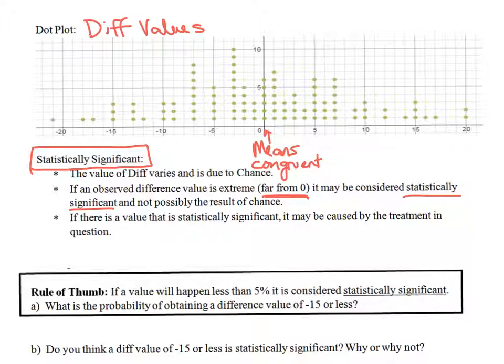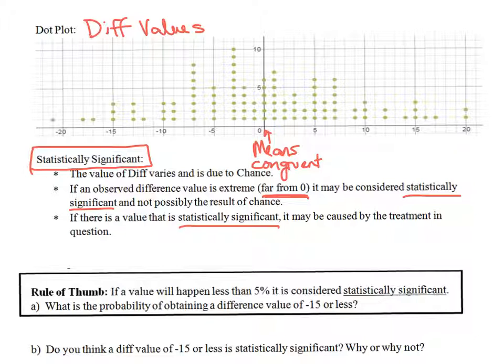So if there is a value that is statistically significant, most often it is because it is caused by the treatment that we are talking about in the question. So for example, the treatment of taking driver ed. As our rule of thumb, we are going to use if a value will happen less than 5% of the time, it is considered statistically significant.